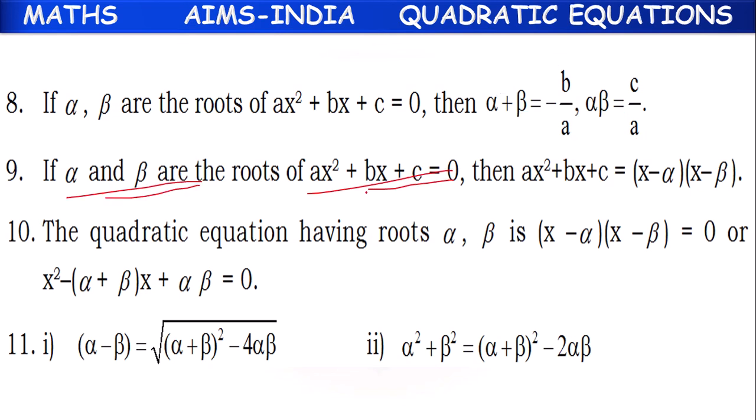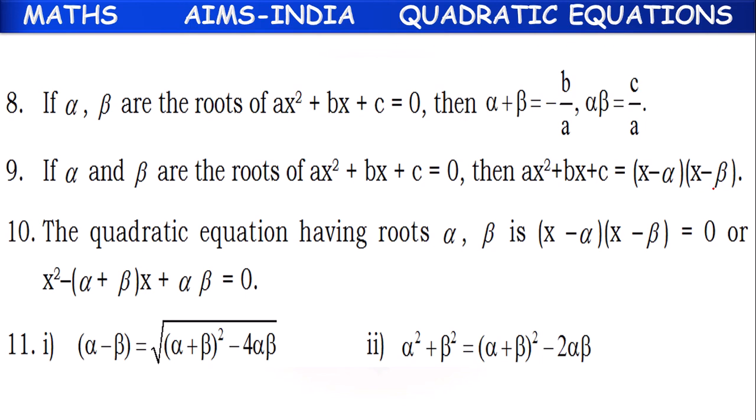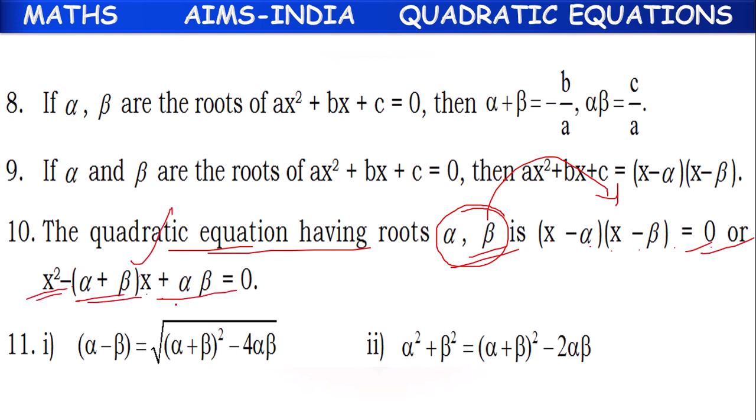If you know the roots alpha, beta of a quadratic equation, then the quadratic equation can be written as the product of x minus alpha into x minus beta. Or if the roots of a quadratic equation are alpha, beta, then the equation is x minus alpha into x minus beta equals 0, or x square minus the sum of the roots into x plus the product of the roots equals 0.